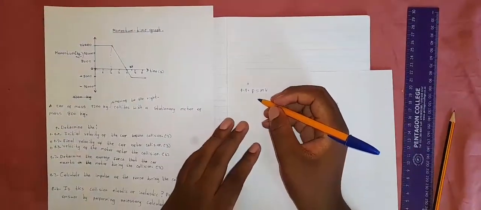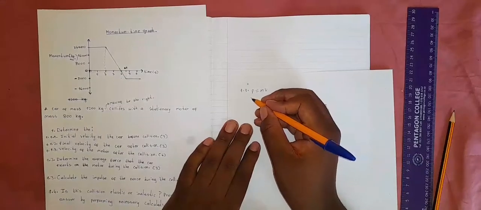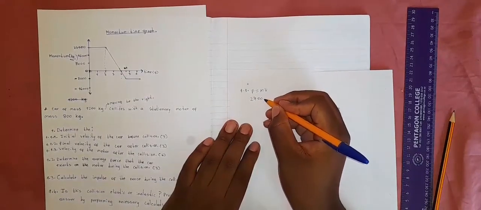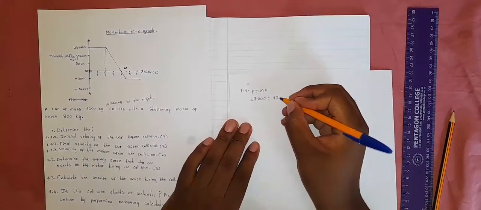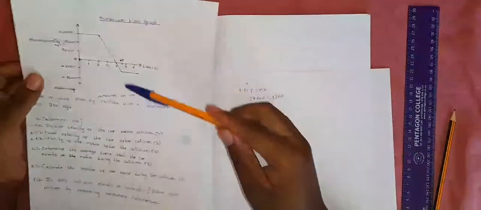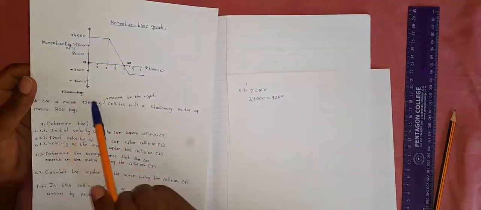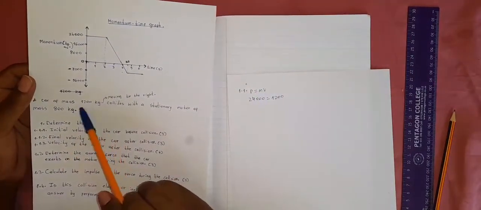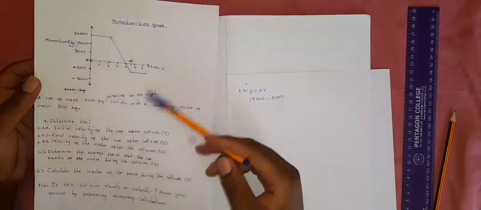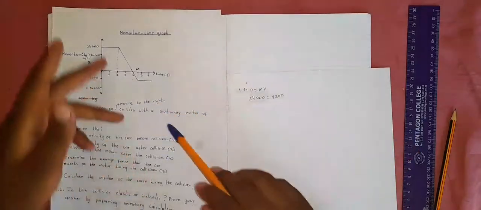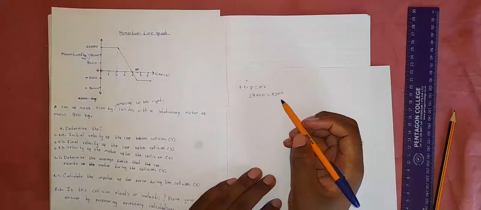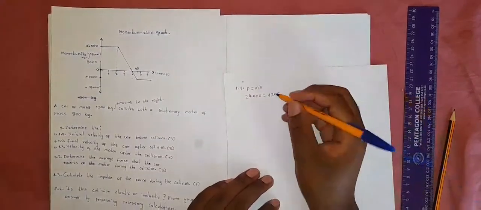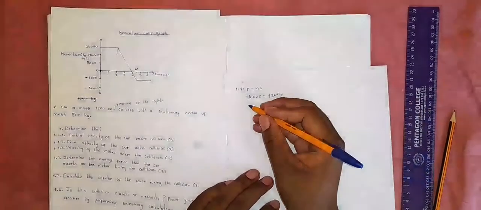The momentum is 24,000, equal to the mass, which is 1,200 kilograms. Remember that this graph shows the motion of only the 1,200 kg car. It doesn't show the motion of the motor, so we have only one line. To find the velocity, we divide both sides by 1,200.